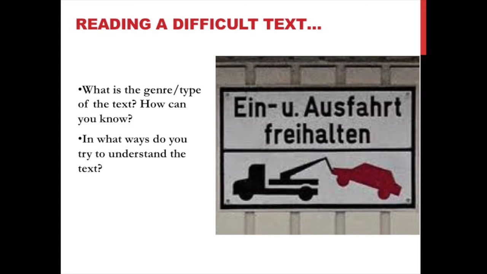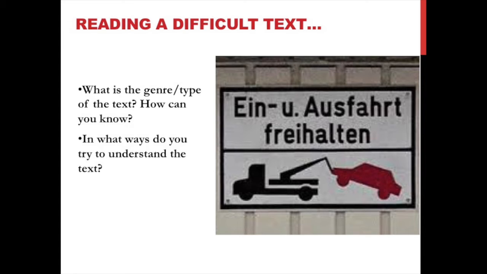So this is a street sign, and even if we don't understand the language, by looking at the pictures, the photos, or the signs, we can understand that this might be a sign telling the driver not to park in this specific area because this might be a tow zone. So the strategy that I use to understand the text is to look at the photos and the signs, because signs are a universal language that all of us can understand.